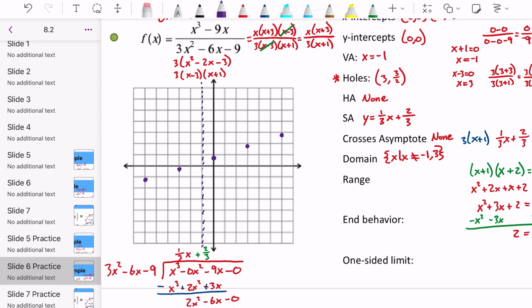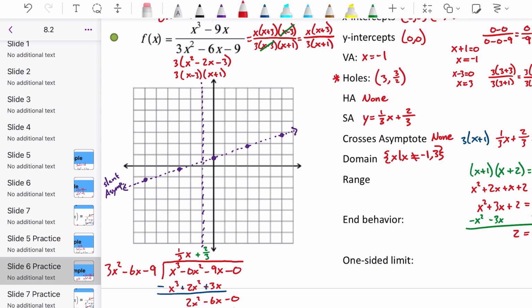Now keep in mind, this is a dotted line because it is still an asymptote. We'll go ahead and write that down, just in case.